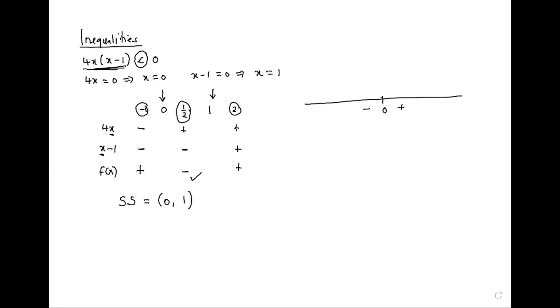Sir, when do you add, like, let's say the 0 and the 1, when do you know when to add them in the solution set? You've seen the way you said strictly less than 0.